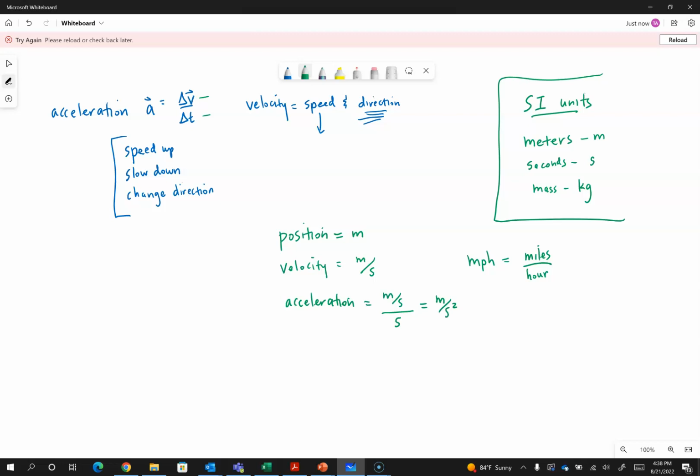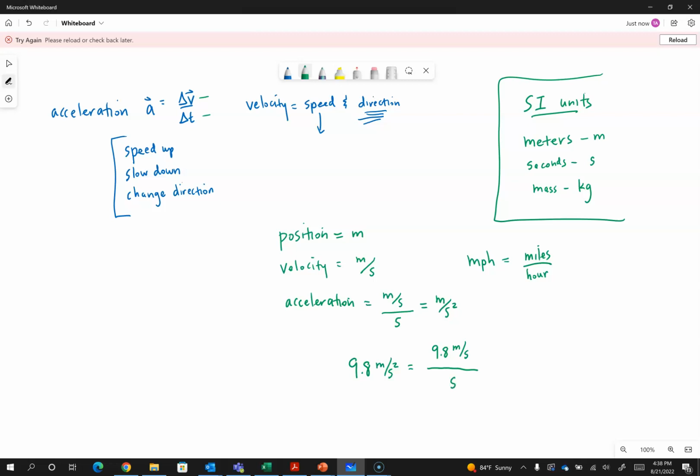What this means, for example, going back to gravity, saying that the acceleration of gravity is 9.8 meters per second squared, means the velocity of a ball, for example, if I tossed a ball in the air, the velocity of that ball will change by 9.8 meters per second every single second.